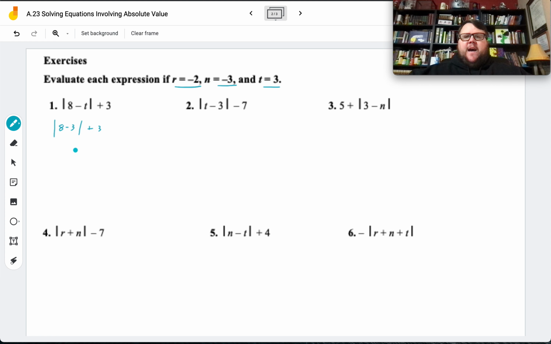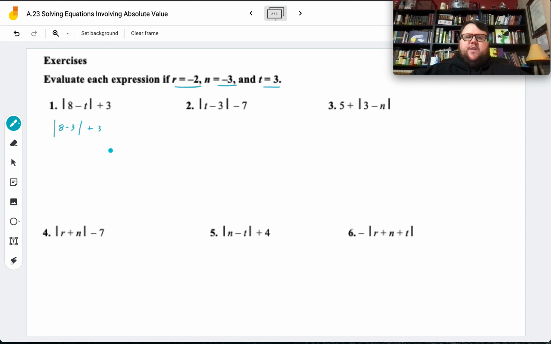Then I evaluate what's inside the absolute value first, because absolute value counts as a grouping symbol. In our order of operations, PEMDAS, please excuse my dear aunt Sally: parentheses, exponents, multiplication, division, addition, subtraction. Absolute values count as parentheses, so that's a grouping, and we do what's inside first.